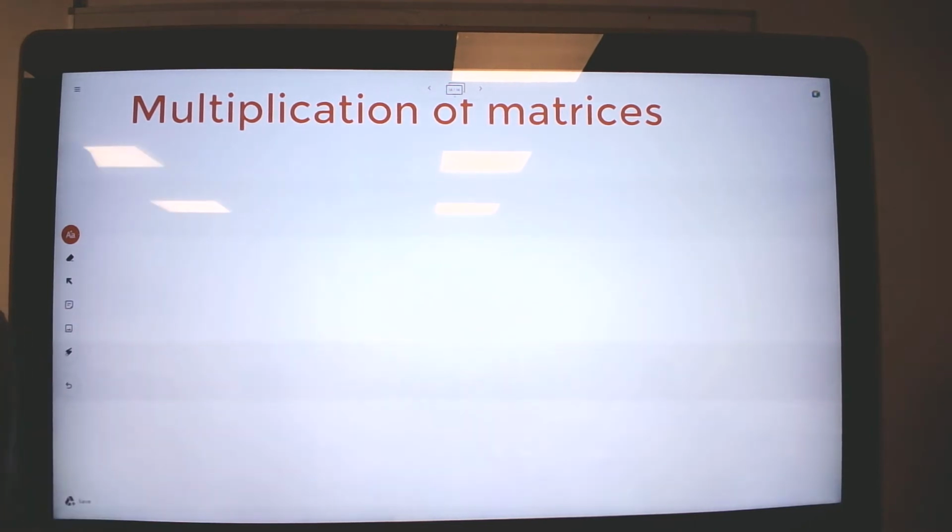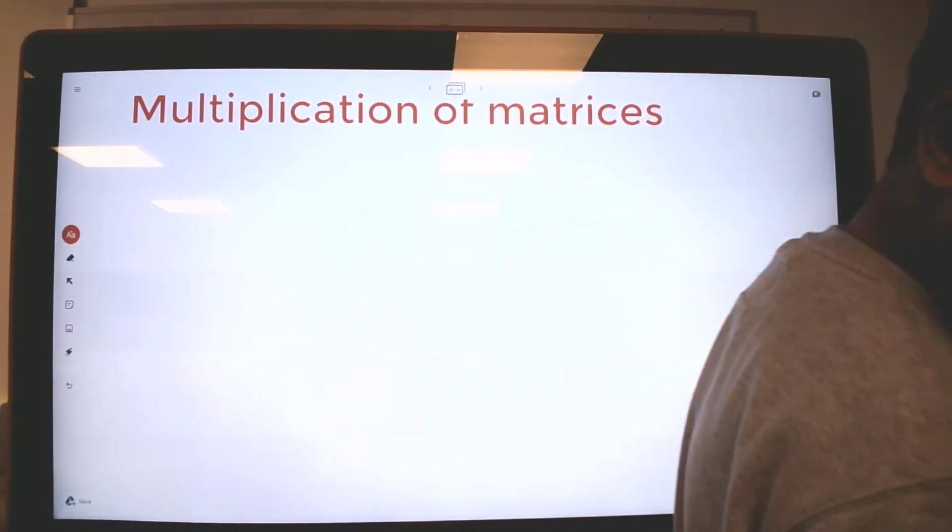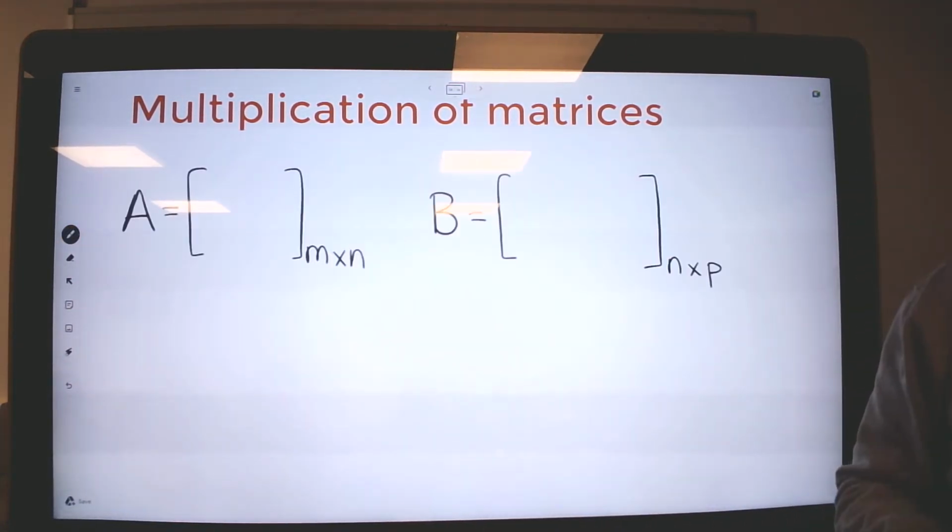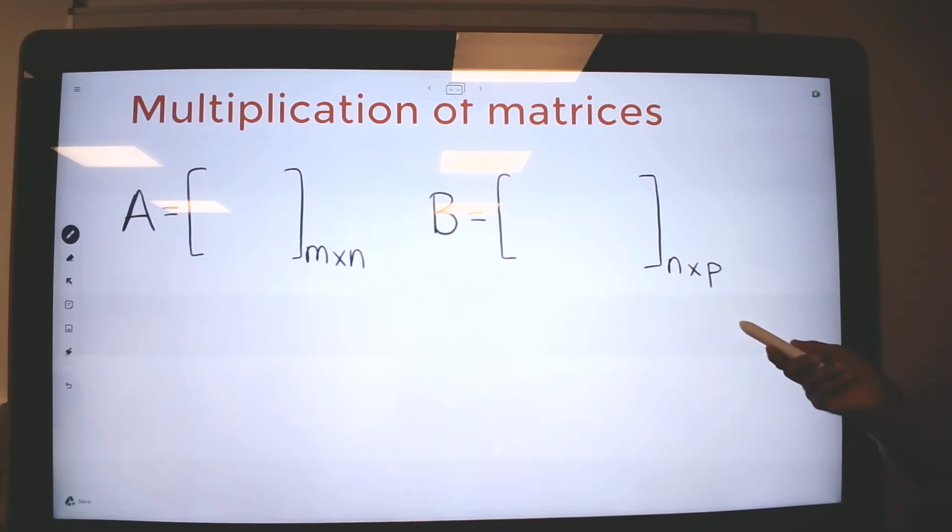Okay, multiplication of matrices. Let's imagine we have a matrix A with an order m cross n, where m is the number of rows and n is the number of columns. And then the matrix B, n cross p.